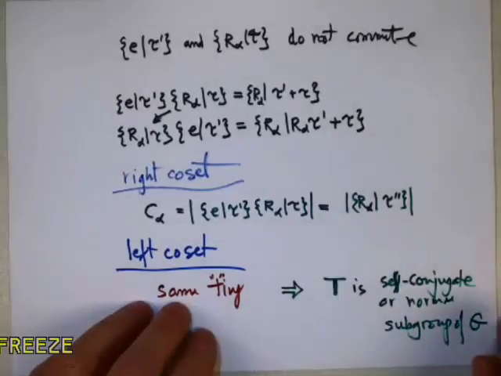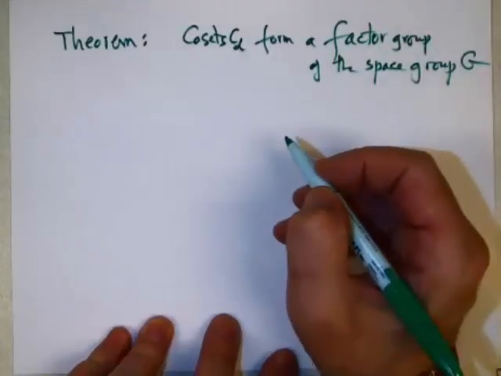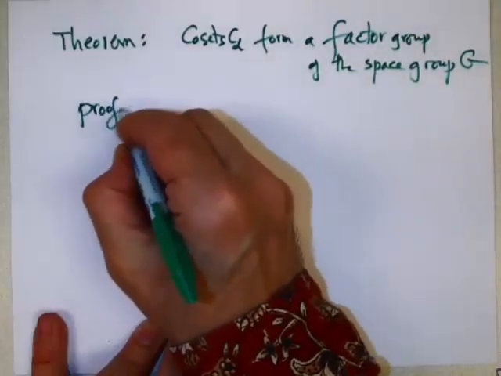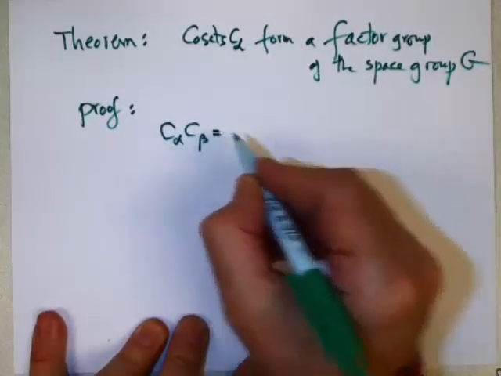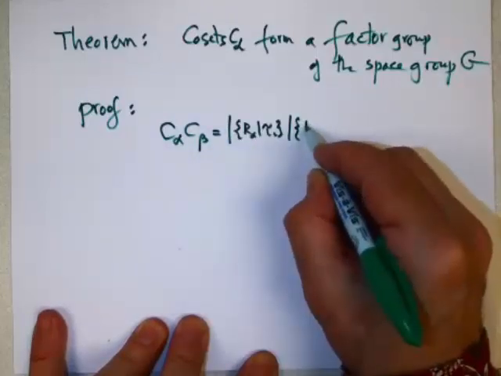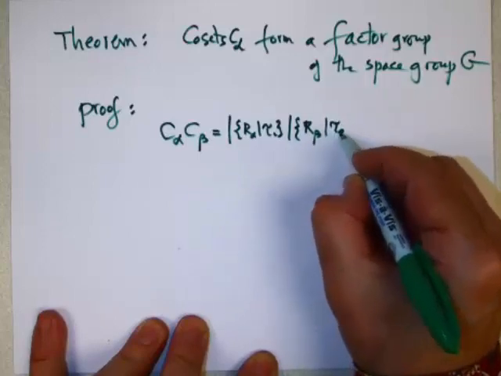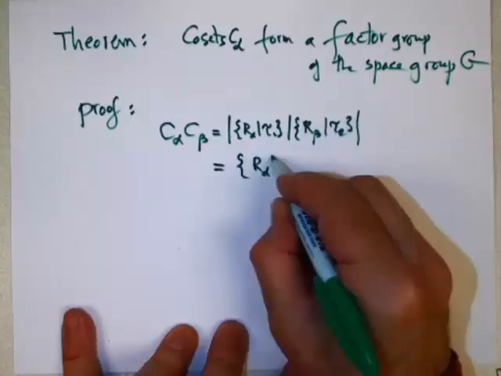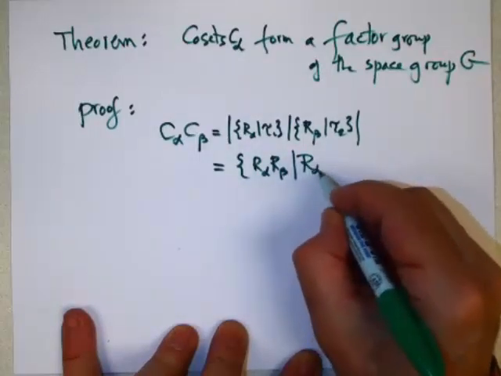And that leads us to the theorem that the cosets C alpha factor: the product of two cosets is the set of all possible group elements which have rotation alpha or rotation beta in them. Rotations just do the right thing they're supposed to. And the translations are jumbled in some way, but in a coset that exhausts all translations.